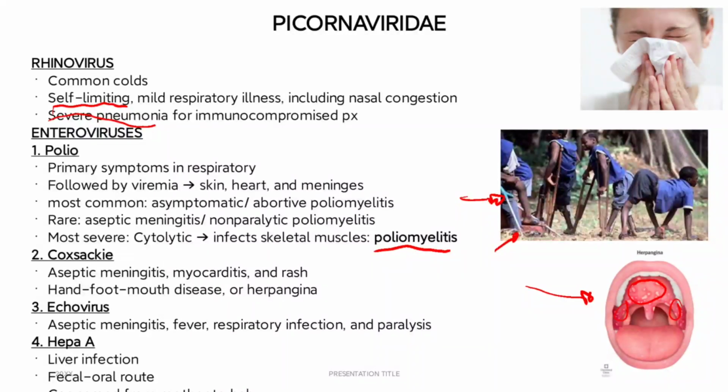Okay? So, liver infection, fecal oral route, tapos it can spread from mother to baby. I'm not sure if nakikita nyo yung sa baba, but in my presentation, while I am recording, nakatakip yung sa baba.